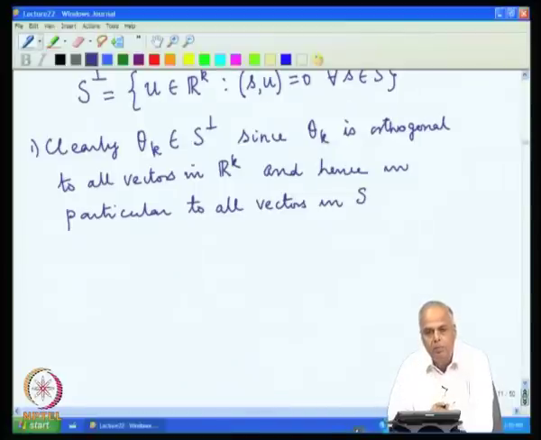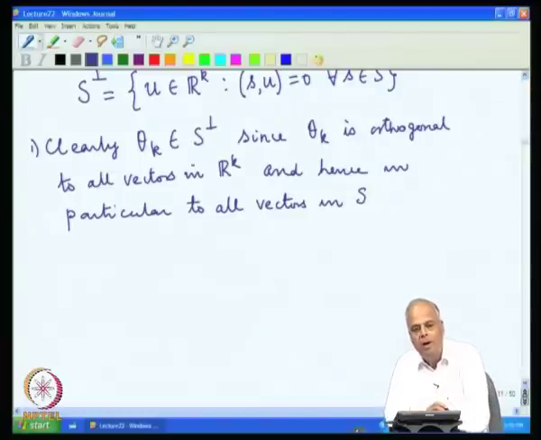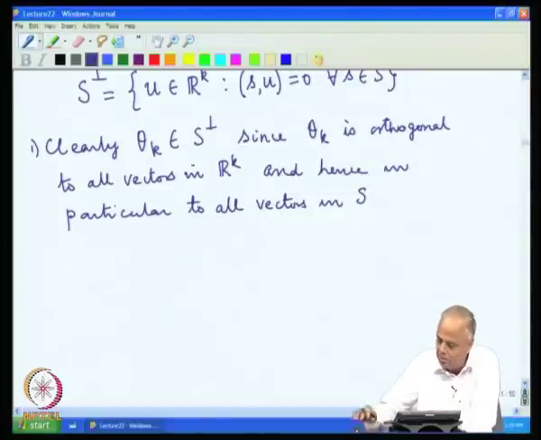Since S perp is now a non-empty subset of R^k, the moment we have a non-empty subset of R^k, we wonder whether it will be a subspace.